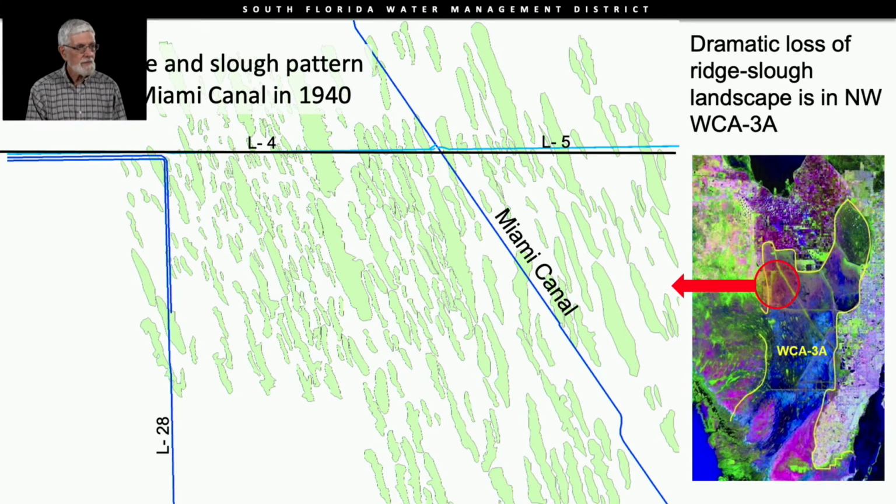And in 1940, the only thing that was in this ridge and slough habitat, and the green, by the way, would be the ridges, and the white would be the sloughs in this northwest part. The only thing there was the Miami Canal. These other levees were not there. And you'll see what happened as a result of drainage and flood control.